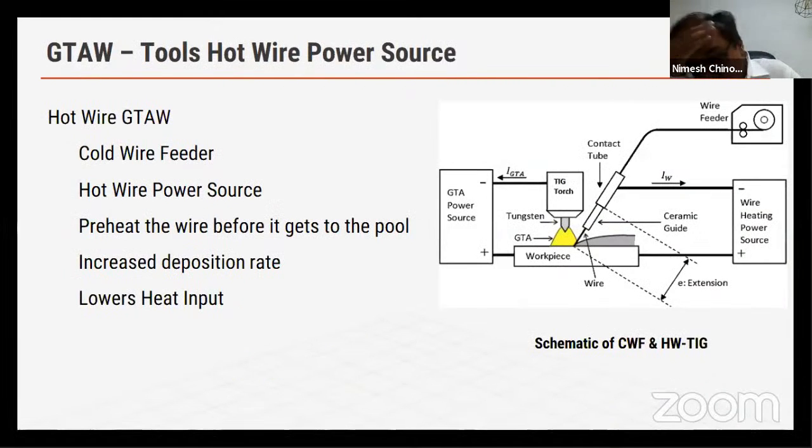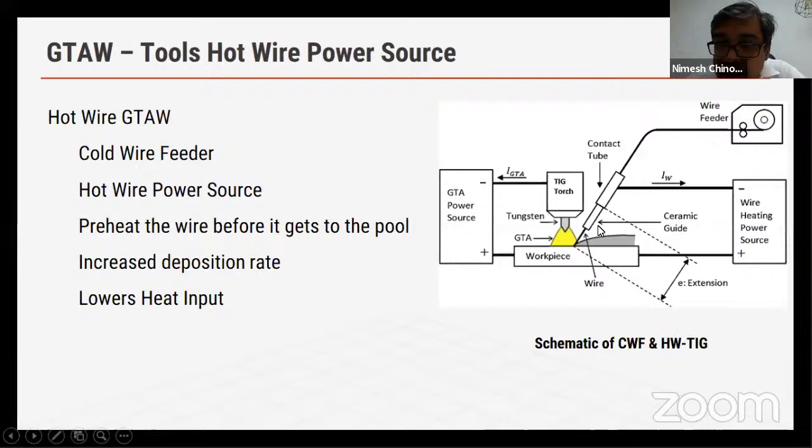Now here, if you are to preheat the wire before it enters the pool, the wire feeder would be feeding the wire from here. You have your normal TIG welding power source with the TIG torch and the workpiece. You could add a hot wire power source, which would connect to the same workpiece as a ground, and the negative would be connected to the wire tip where the wire is about to exit.